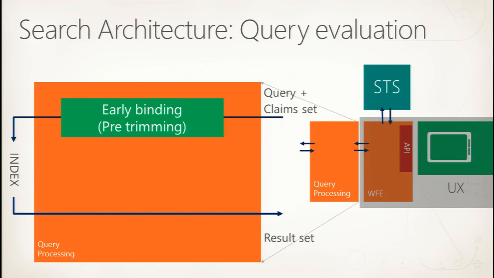Why is that not enough? Because SharePoint STS has no idea of the custom claims that we need from the outside source, right? That's a totally different security model. There doesn't need to be any match between AD and the custom source. So we need to augment the query plus the claim set from STS with the custom claim set from the outside source. That's where early binding comes in. That's what we're going to see Sveinar do later on in the demo. It's going to use pre-trimming to augment the claim set to unlock the content from the outside source that we have in the index.